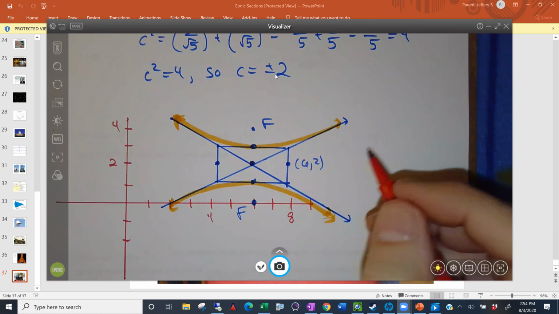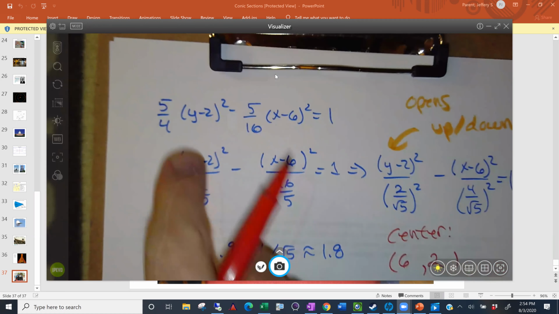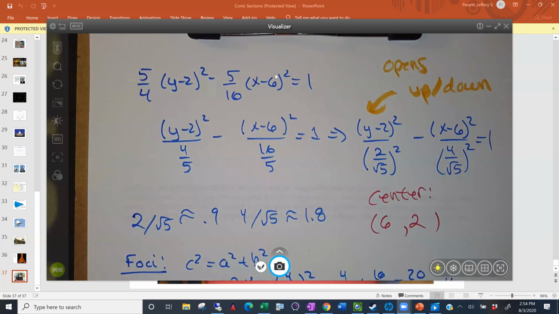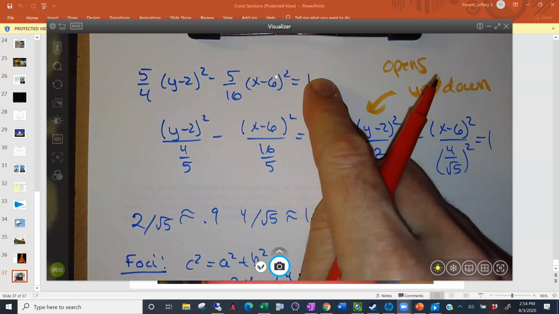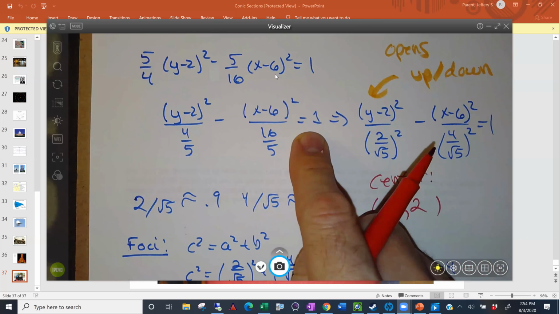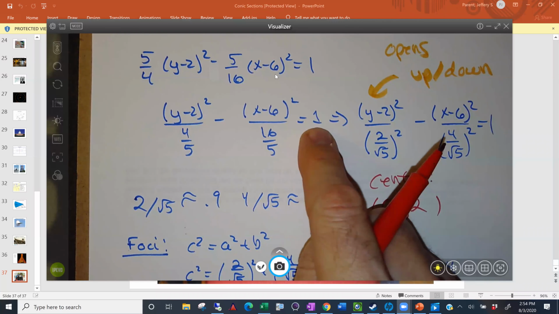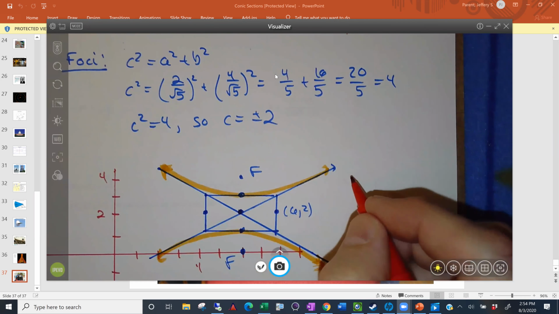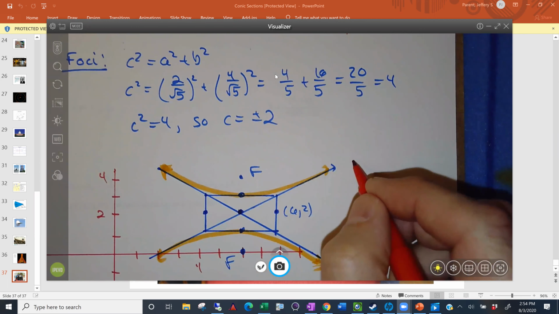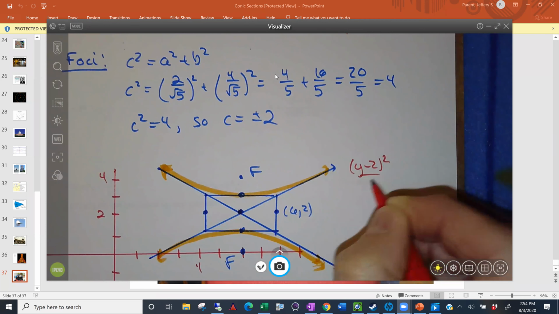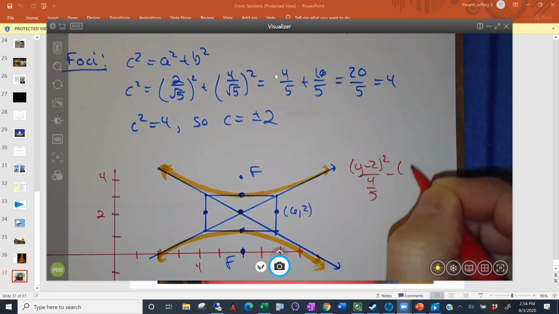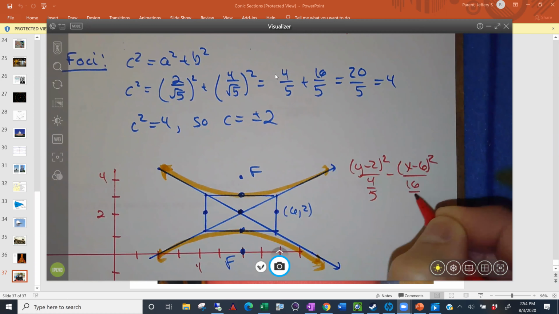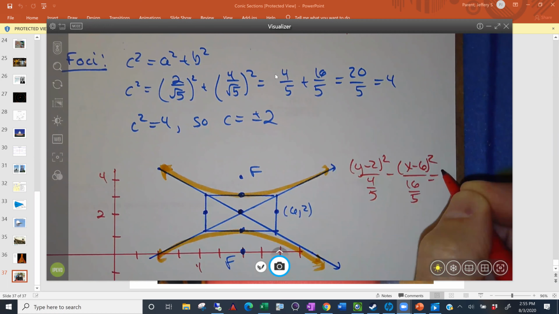So I'm going to go back up to the top equation here and work with that. You know, it doesn't matter. I guess if it works with this one or this one, I'll just work with this one. So y minus 2 squared over 4/5 minus x minus 6 squared over 16/5 equals 0.